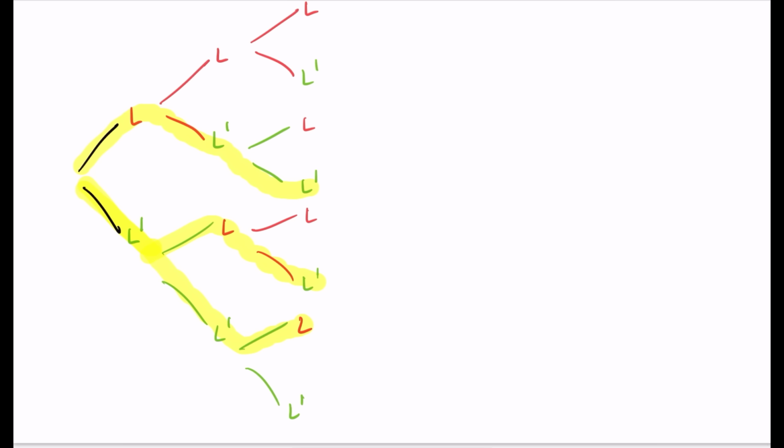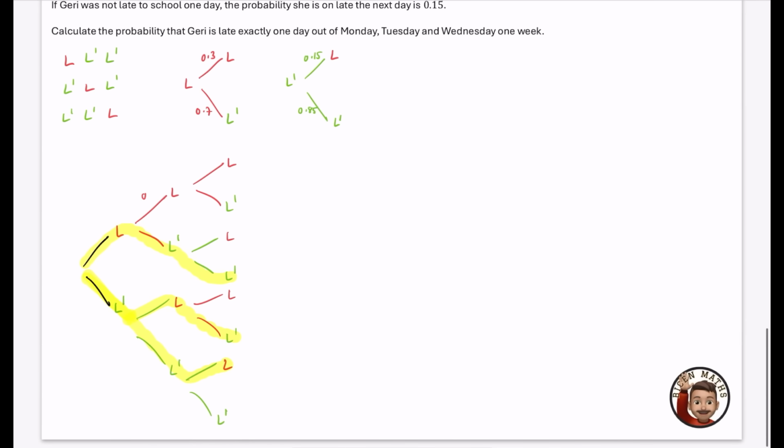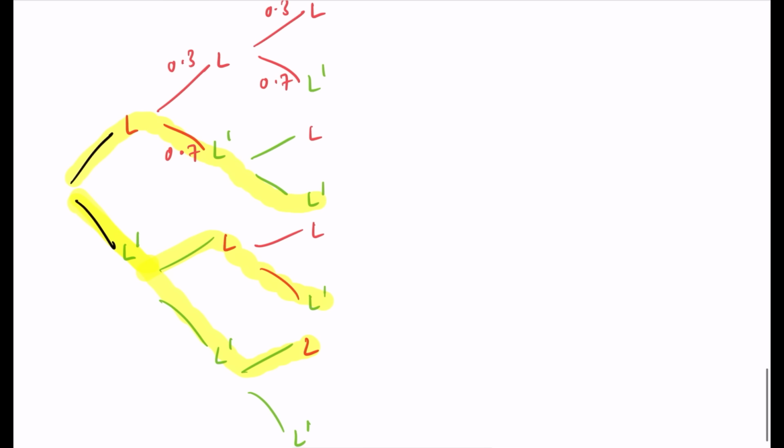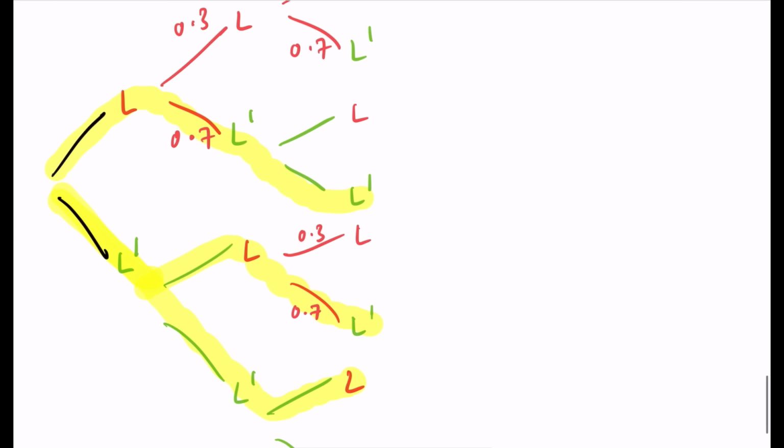So filling in these probabilities that I'm going to need to know about, we've said that anywhere there's red, it's 0.3 and 0.7. I can fill them in if I want to, but that's a bit of a waste of time filling them in at the top, isn't it? And over here, I'm going to need them. That's a 0.3 and a 0.7. And then for the green ones that we've got, we've said it's 0.15 and 0.85.